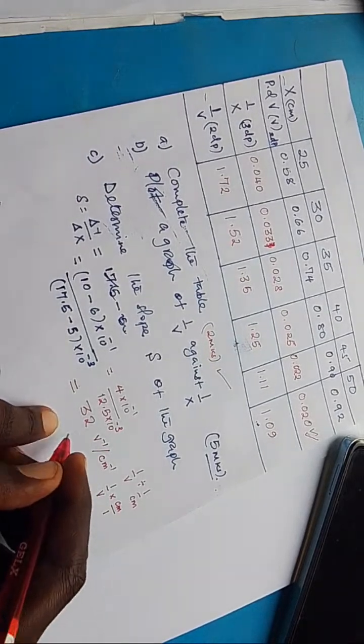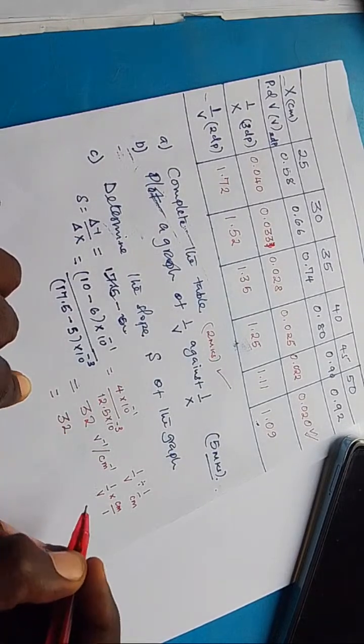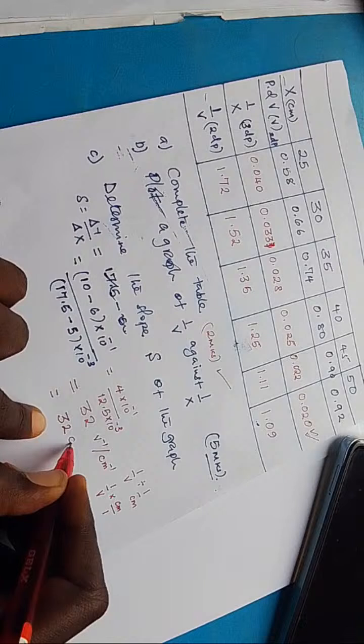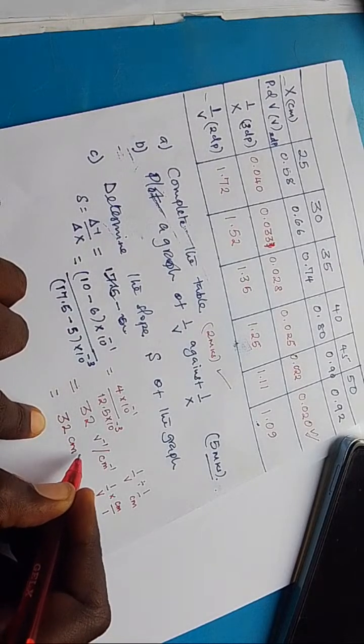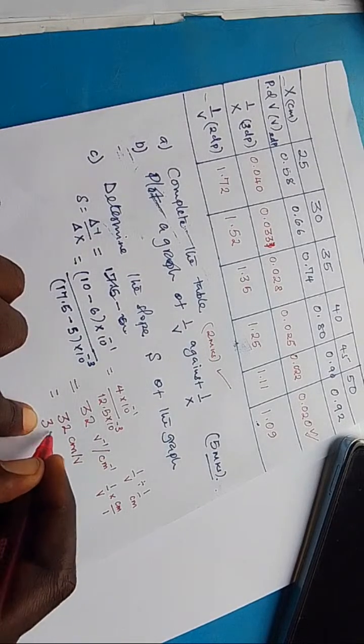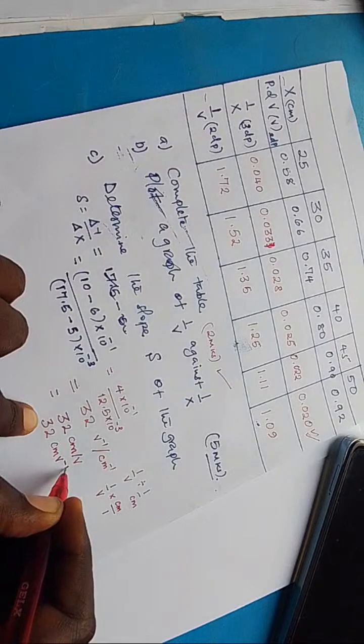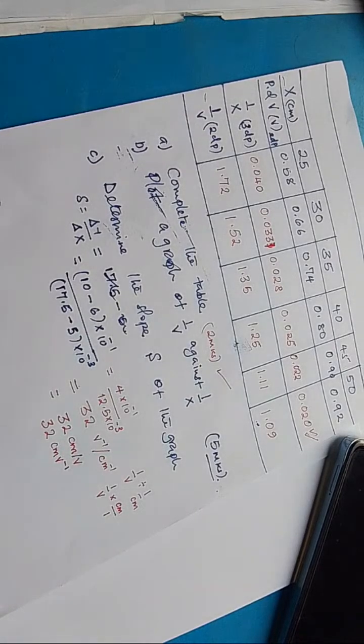This translates to us that this can be written as 32 centimeters per volts, in that manner.